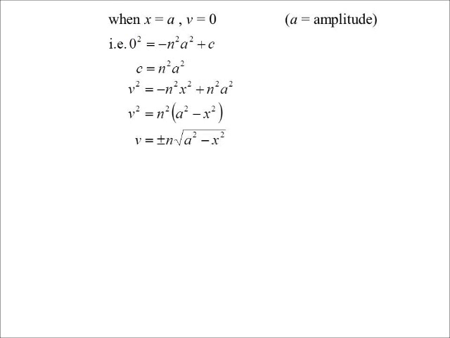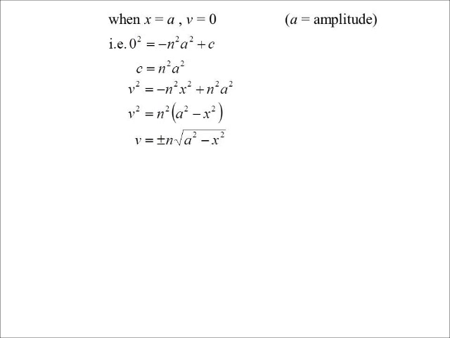So if I'm going to stop at A, its velocity must be 0 there. And I've just called it A because it's the amplitude of the motion, if you like. So subbing that in, the constant becomes n squared A squared. And so velocity squared is minus n squared x squared plus n squared A squared.